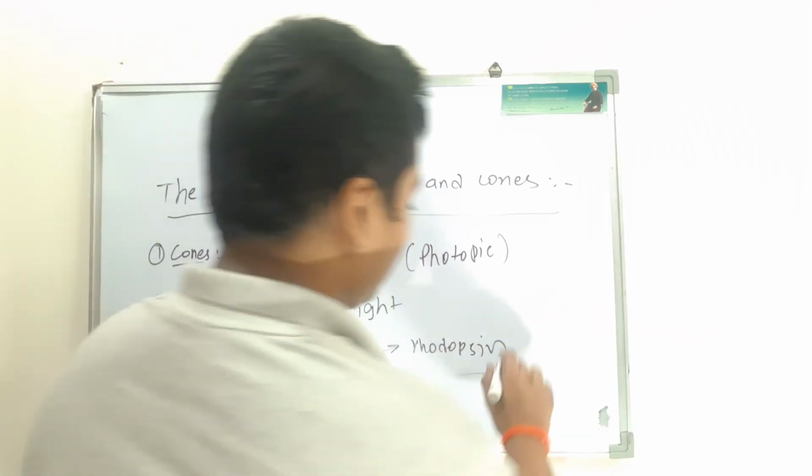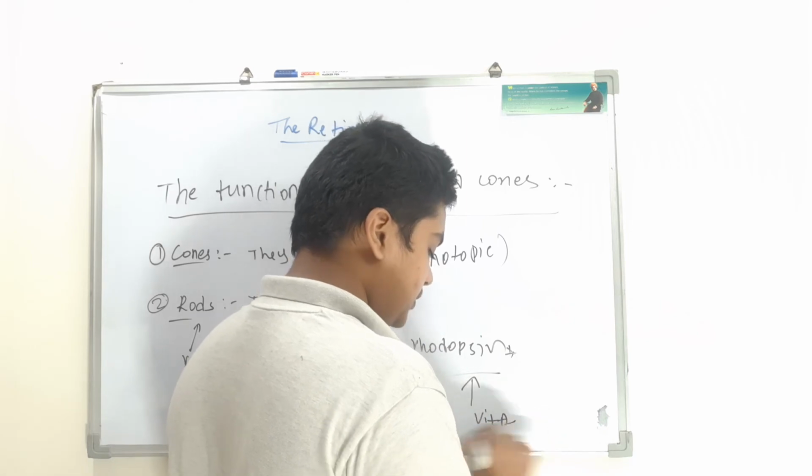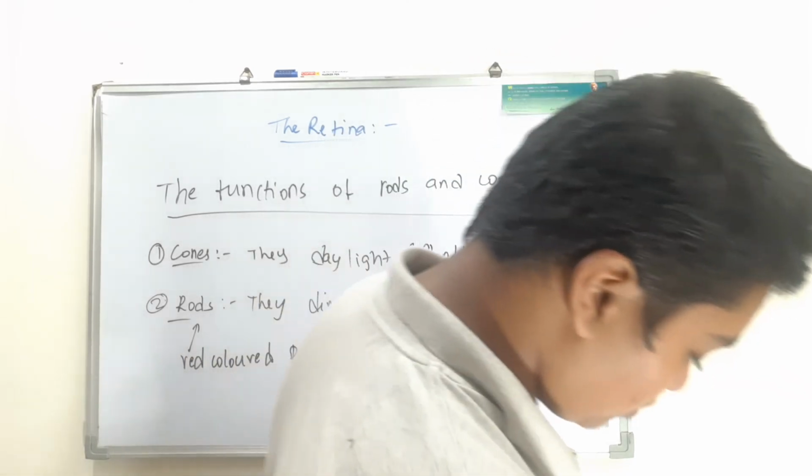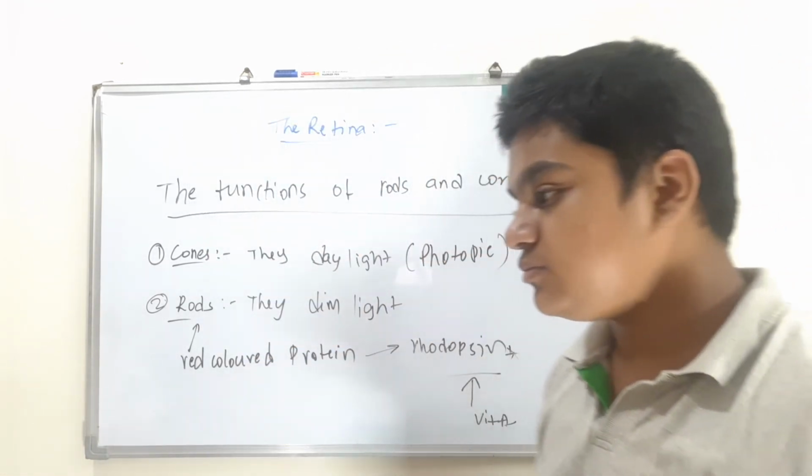Rhodopsin or visual purple, important. This is a derivative of vitamin A. That is why vitamin A is very important for our sight and vision. Okay? Clear?